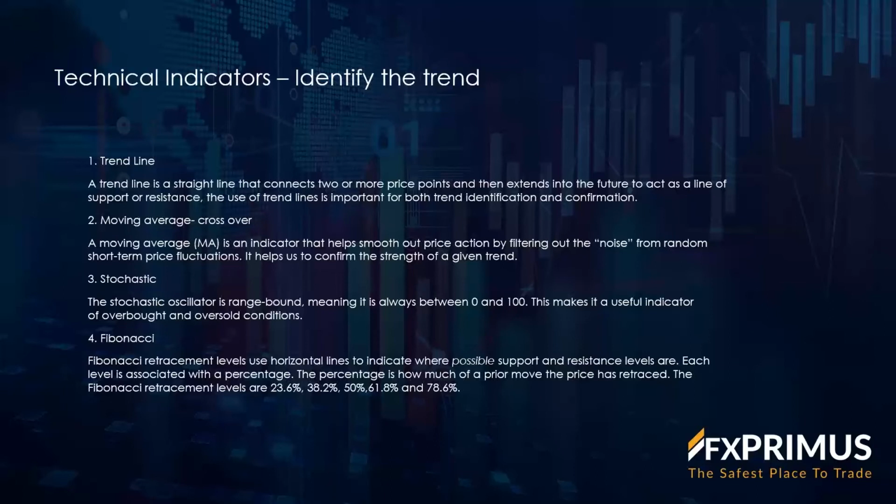So it's very important to understand how to apply the trend line, because if you're able to use this indicator in the correct manner, there is no way you can go wrong in analyzing the trend. But if you don't apply this correctly, your entire analysis may go for a toss. So it's very crucial to know which indicators and how to use them.